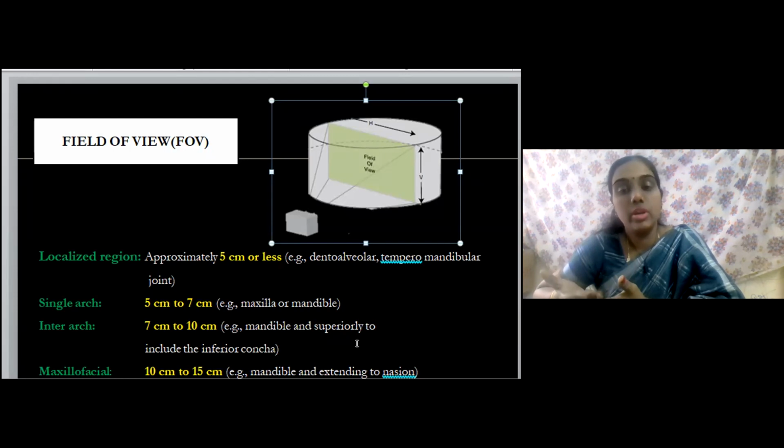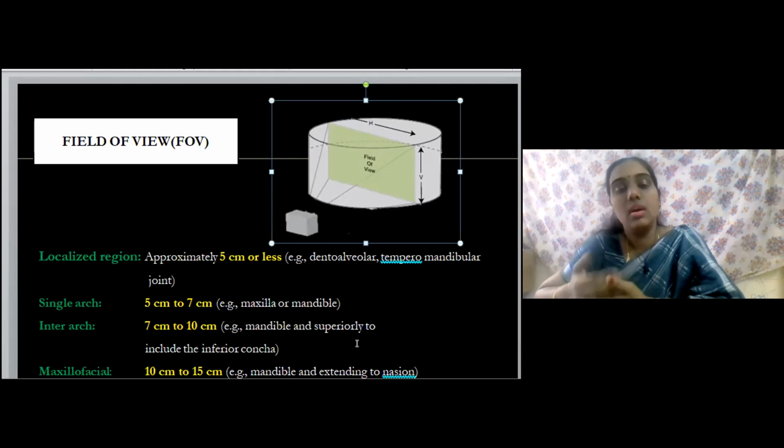If you're going to check for a root canal, single tooth exposure is fine, because the smaller the FOV, the better the resolution of the image. So always I would recommend going for a smaller FOV if the other facial structures are not needed, and it will give you a better resolution, because when you go for a full facial, the resolution will be much lesser when compared to a smaller FOV.